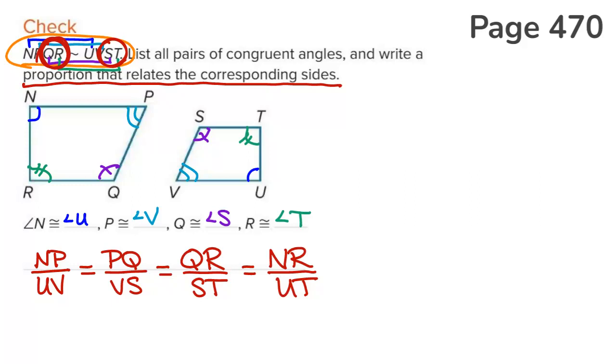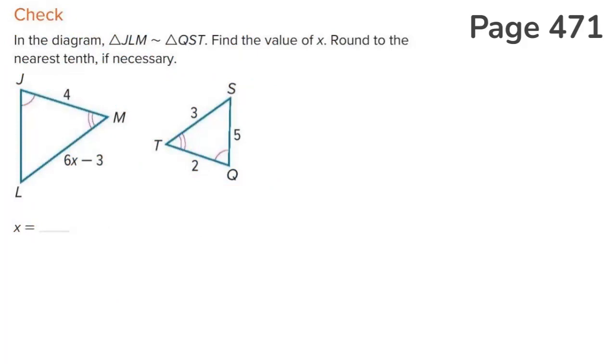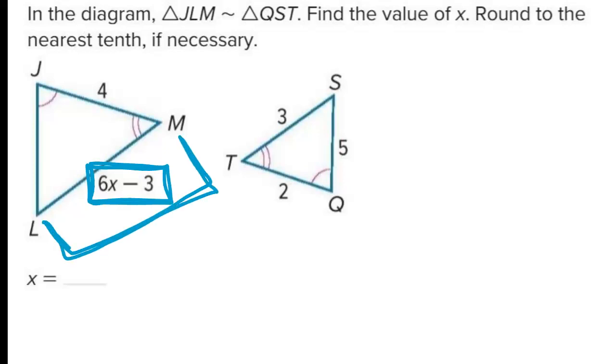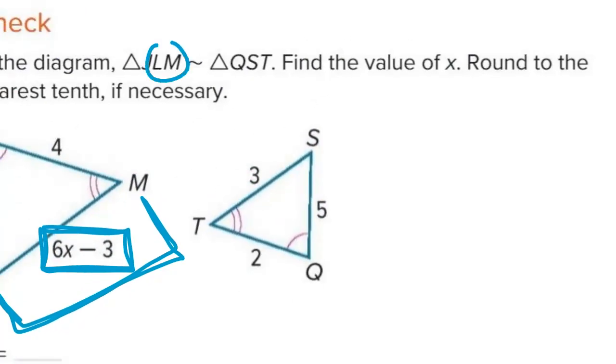Flip over to 471 real quick. 471. We're going to look at the check that's at the bottom of the page. Let's set up this proportion. We want to find x. Here's the expression with x in it. It's on side LM. LM corresponds to what side on the other triangle?